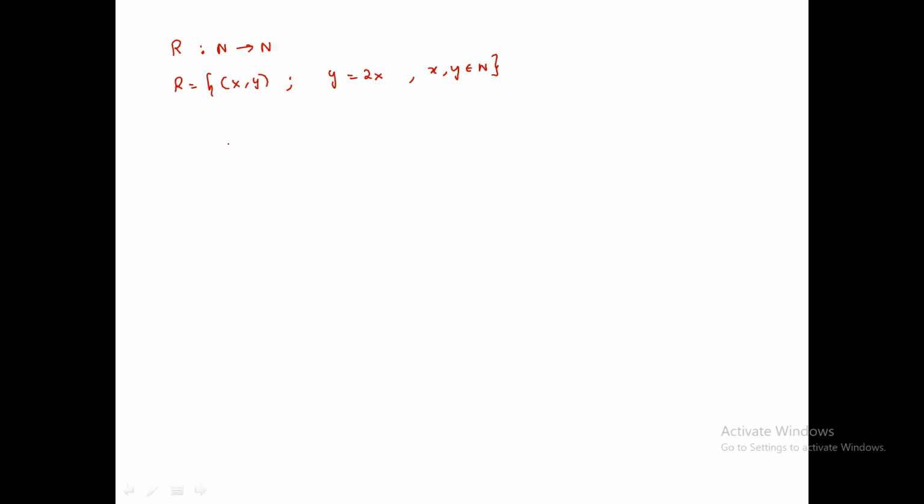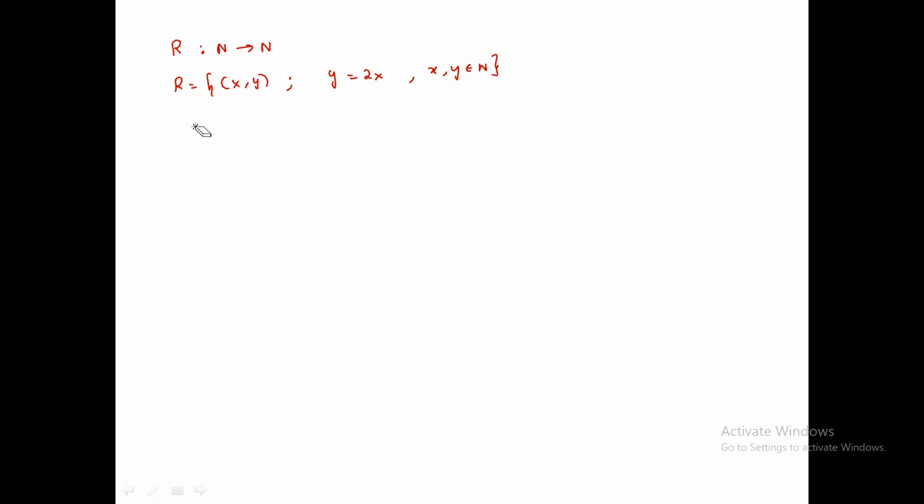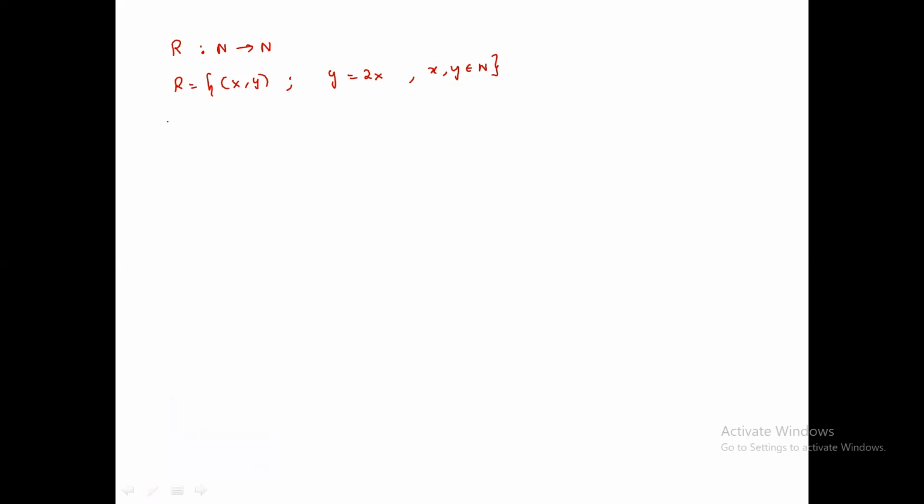Now, how will you write it? I will make two columns for x and y. Or directly, I will write the ordered pairs now, because now you are very good in writing the relation. Why waste time? X, I will take natural number 1.